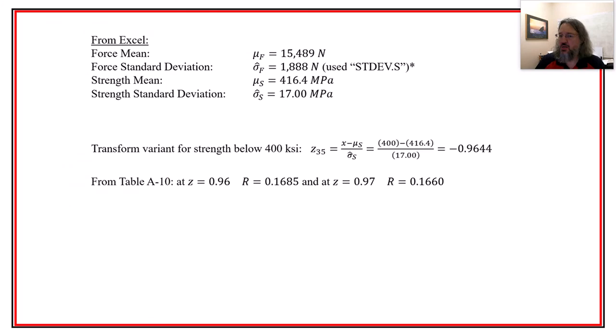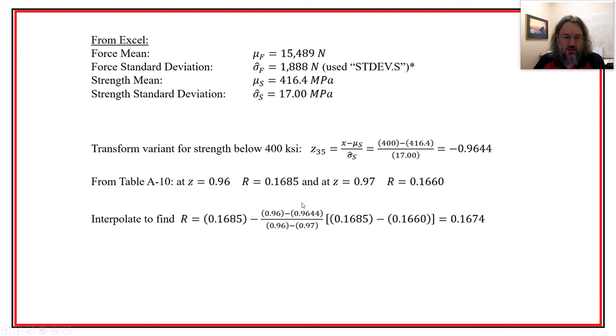Anyway, let's continue. So here's my interpolation, and I get 0.1674, right? 0.1674 is what I got by way of interpolation. So I said there's a 16.74% chance that the next sample is below 400, right?